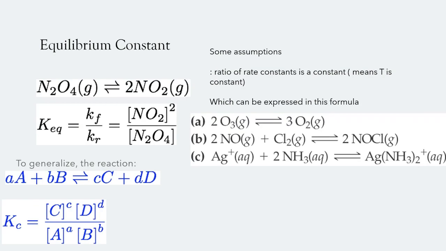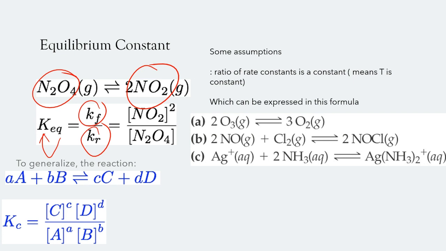So equilibrium constant. You need to learn some assumptions in here. One of the assumptions is that the ratio of the rate constants, what they mean in here is your forward and reverse reactions, at T, your temperature, is going to be constant. So in this example, N2O4 and NO2, they first write Keq, which is your equilibrium constant, equals the rate of your forward over the rate of your reverse.